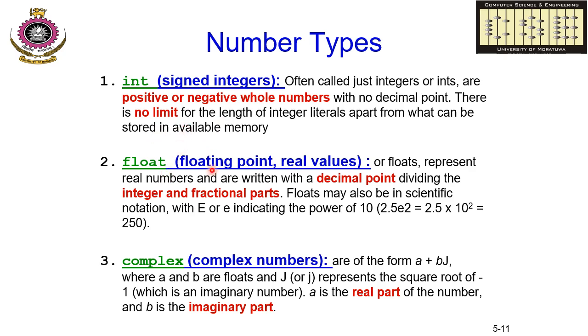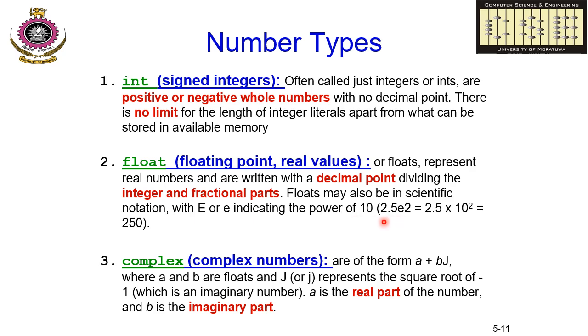And floating point numbers, as we have already established, have decimal points, so they are real numbers which have fractional parts. Sometimes they can be noted in scientific notation, where there will be an E part representing the power of 10.